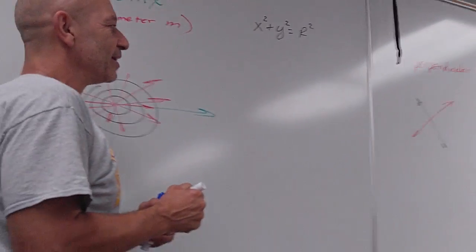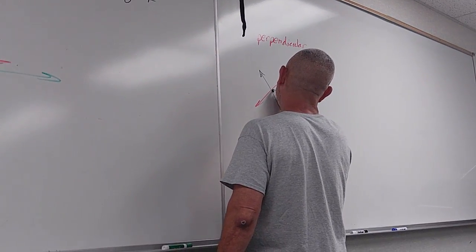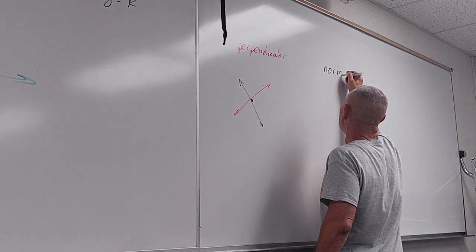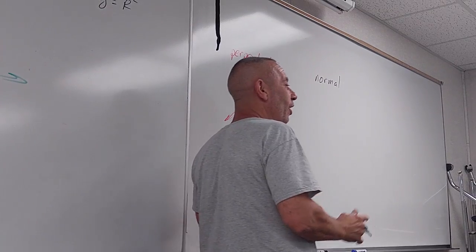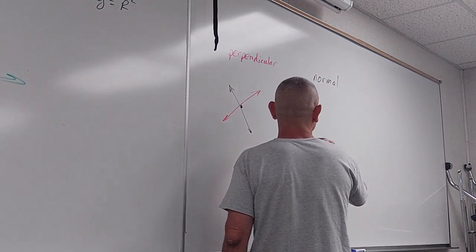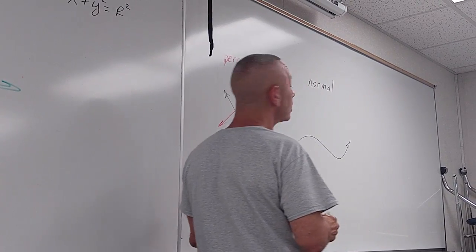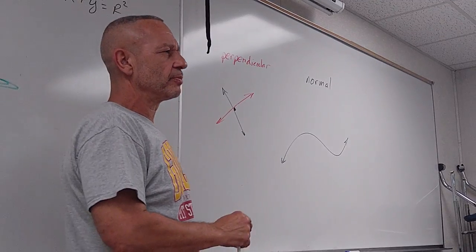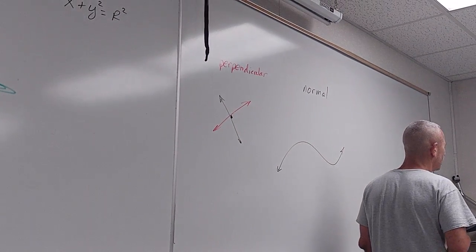Perpendicular means 2 lines at right angles to each other. Pretend that those are at right angles. What does normal mean, I hesitate to ask? Well, it's where you have a curvy line and a line that is perpendicular to that. In that case, where it's not just 2 perpendicular lines, but rather a curvy line and a straight line, we use the word normal.